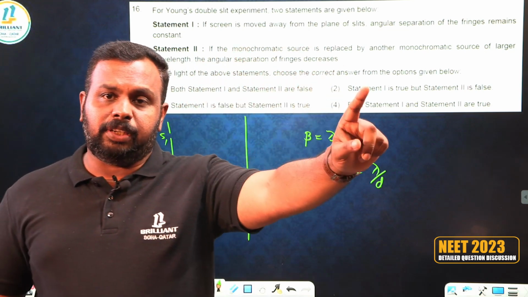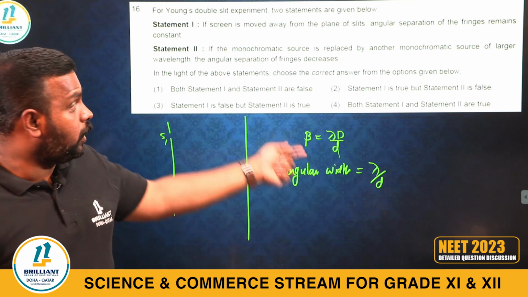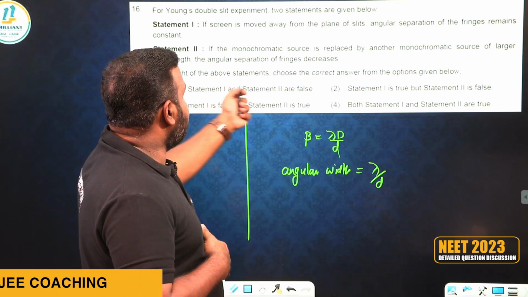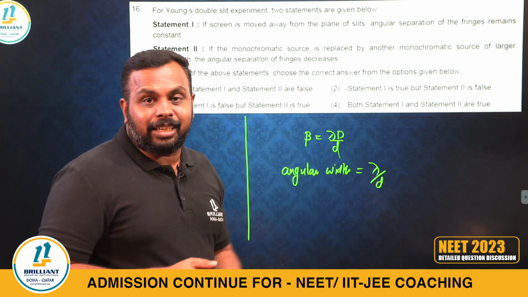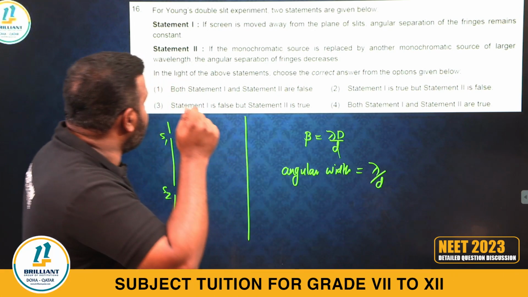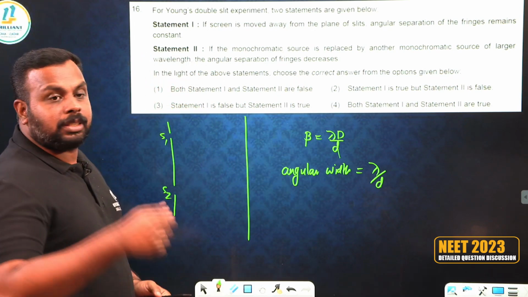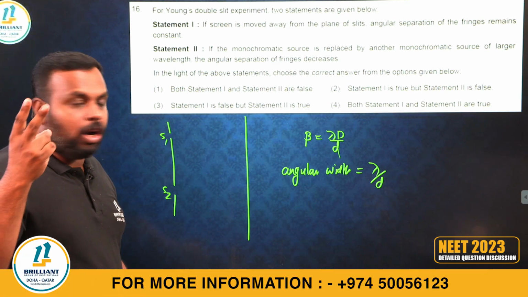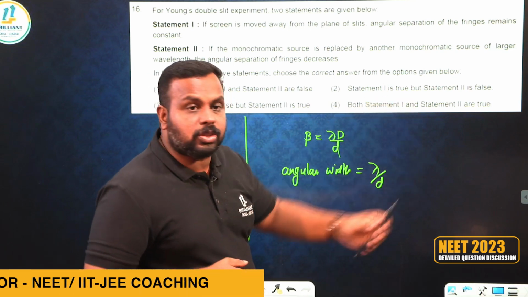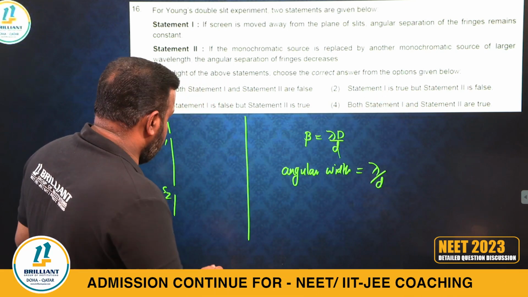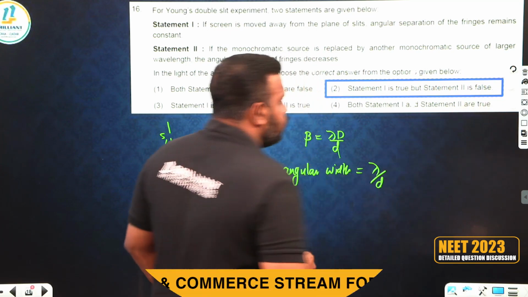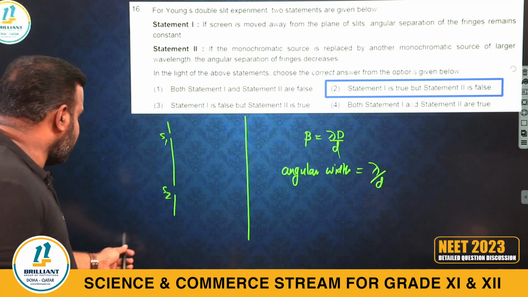That means when the wavelength increases, angular width should increase. But the statement says the angular width decreases, which means statement 1 is correct, but statement 2 is false. Which option? It is option 2. Statement 1 is true, but statement 2 is false. Okay, so this is the correct answer.